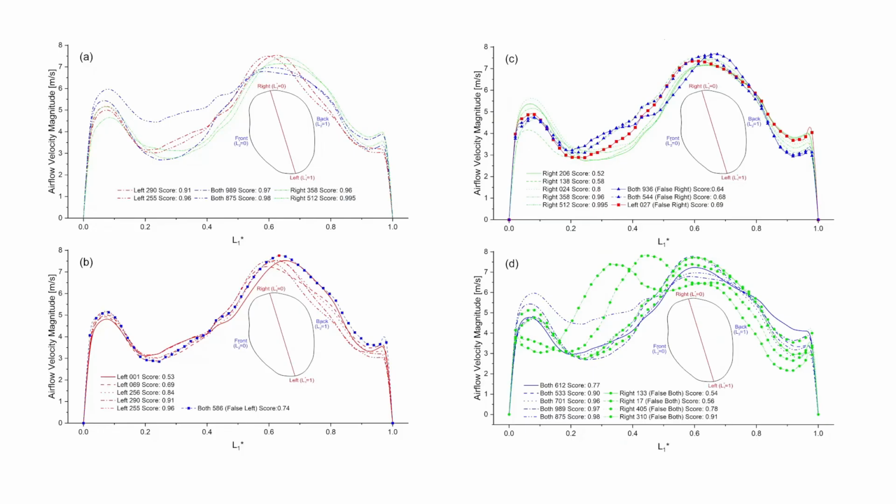We also compared the velocity profiles along two different lines on the cross section we selected in the trachea. This is the line from left to right. As you may see, all those velocity profiles have no big differences among different obstruction locations.